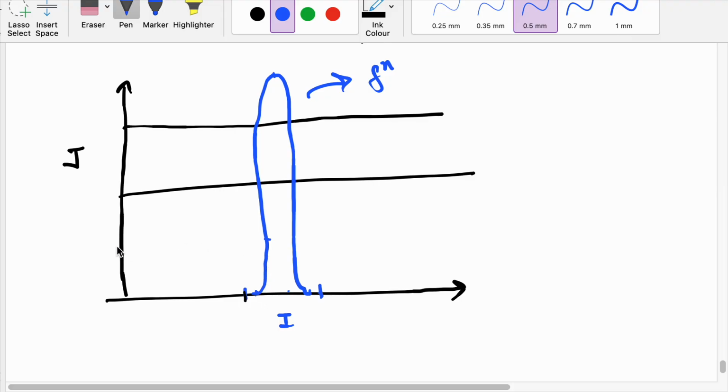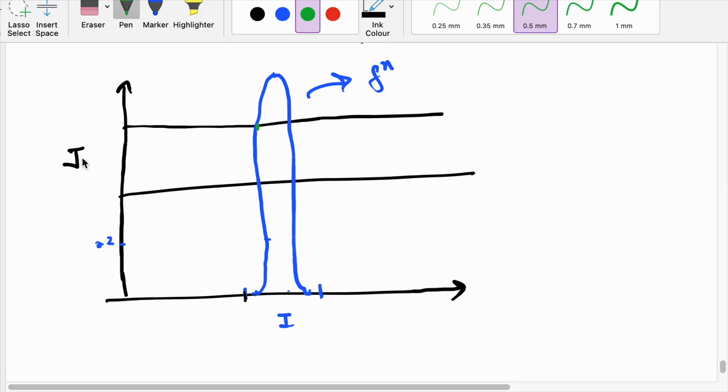Here some value, suppose 0.5, here 0.2. It will continuously assume every value up to 1, and then from 1 it will continuously decrease to 0. So that means it actually intersects here.